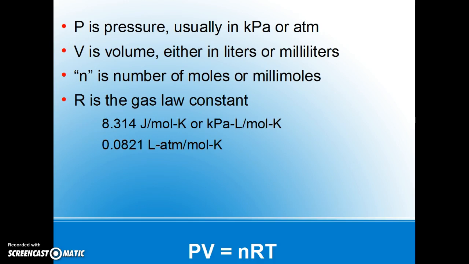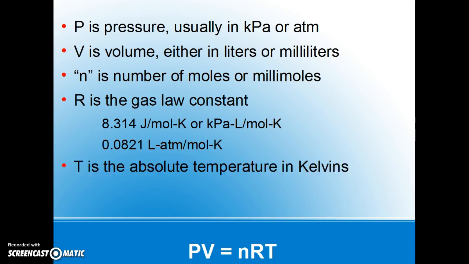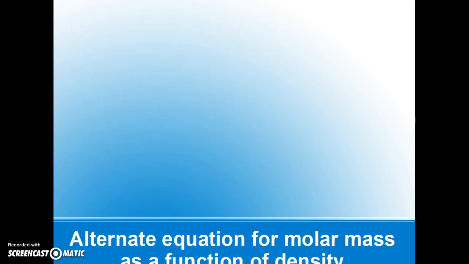So the pressure unit determines which of these two R's you will use. And of course, T stands for the absolute temperature in Kelvin, which you'll recall is the Celsius temperature plus 273.16.